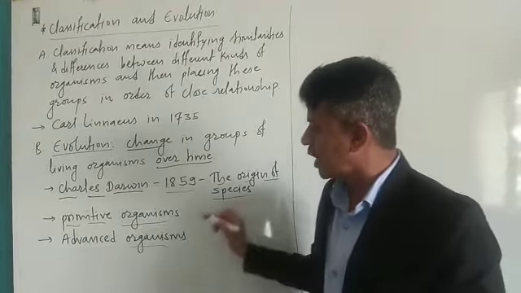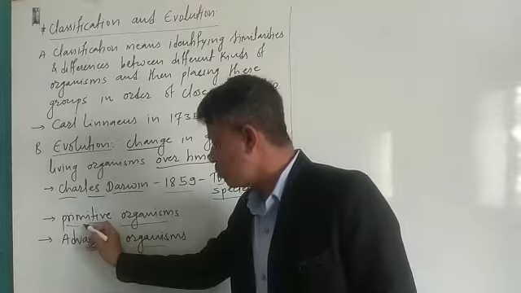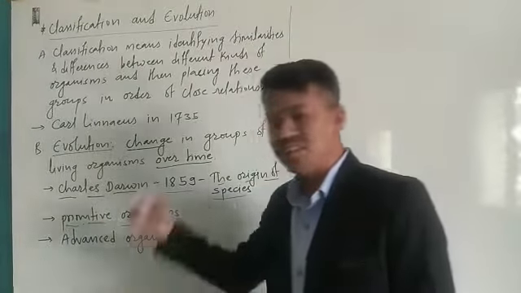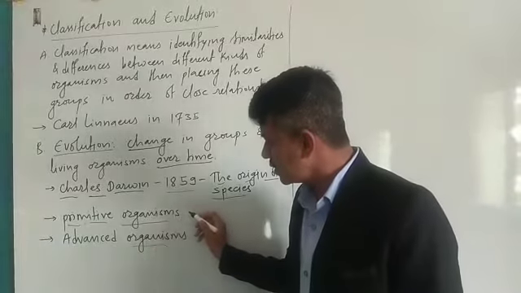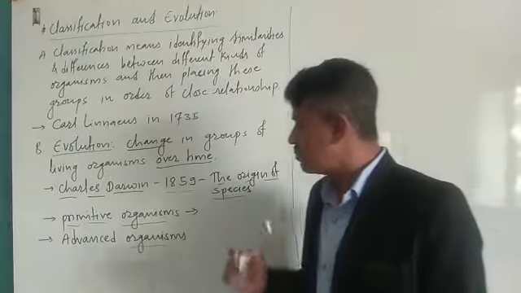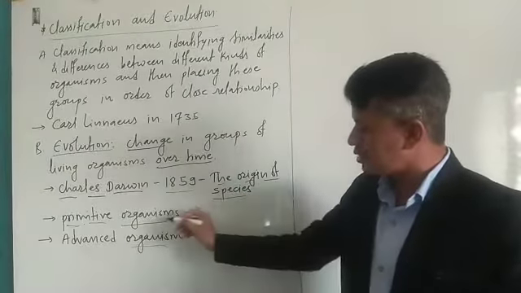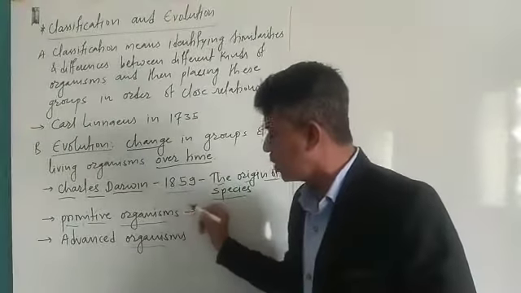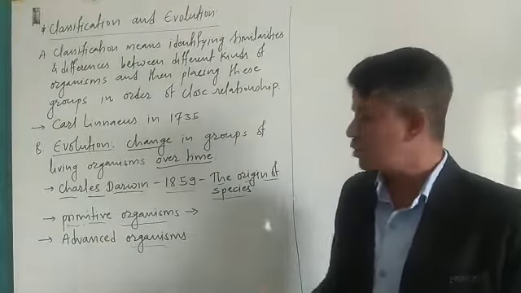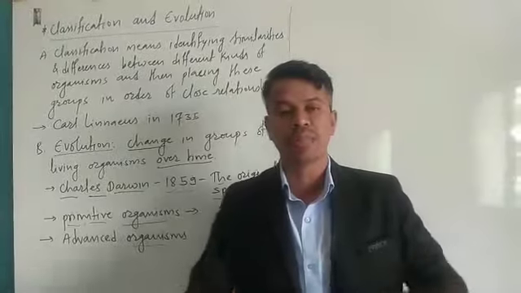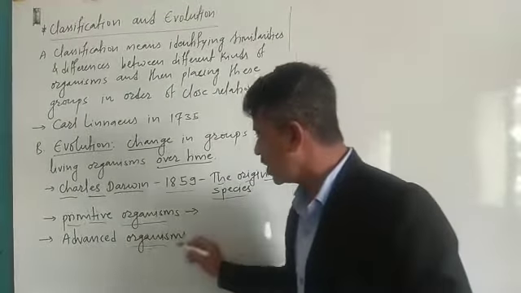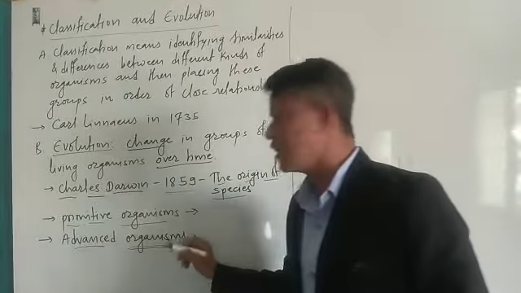As a result, these primitive organisms, also called older or ancient organisms, still exist today, but some species of the primitive organisms developed and were modified, changing for survival according to their habitats and environmental changes, and were converted into advanced organisms.